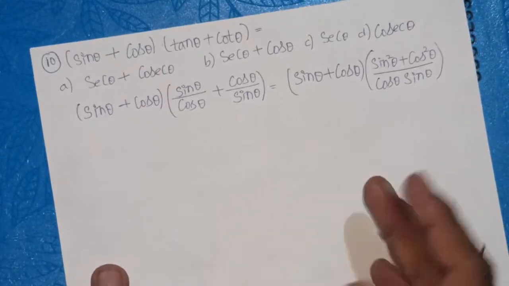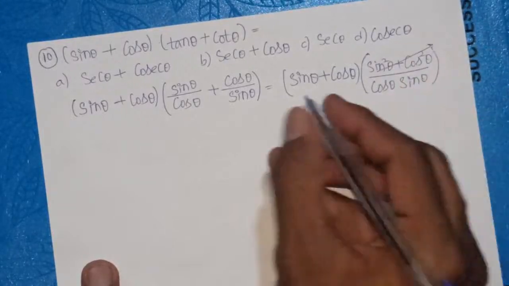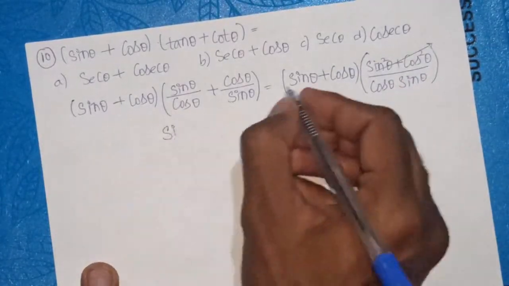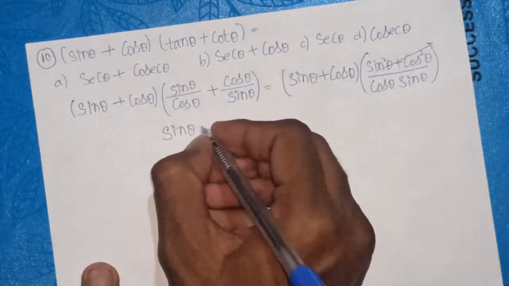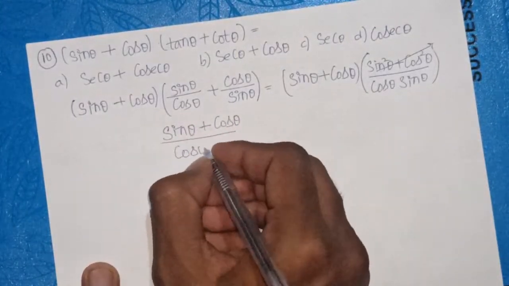And we know that sin square theta plus cos square theta will be equal to 1.